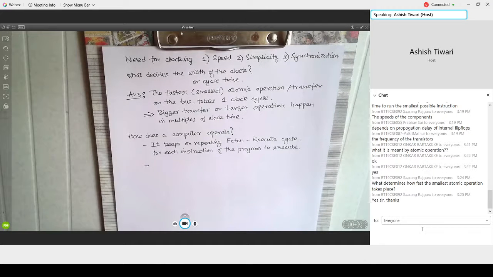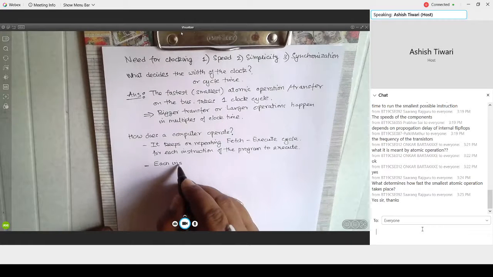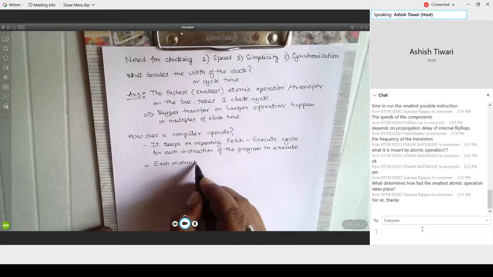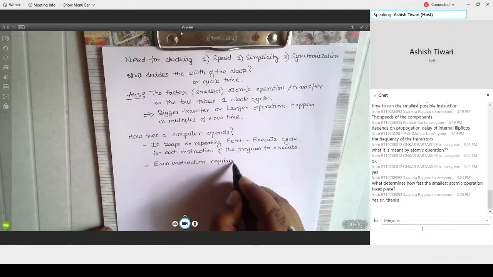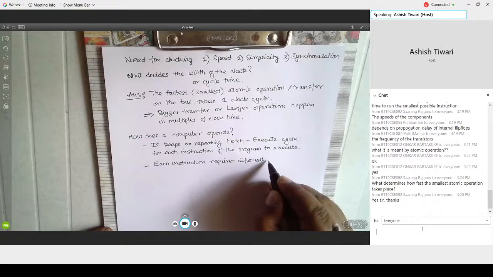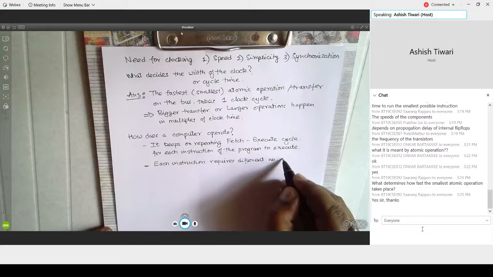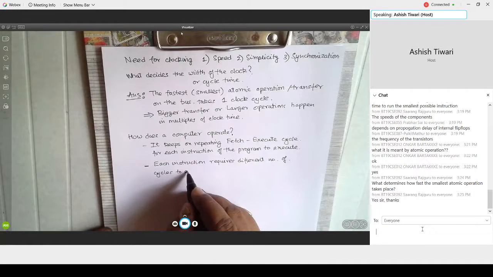The first thing to observe is each instruction requires a different number of cycles to execute.